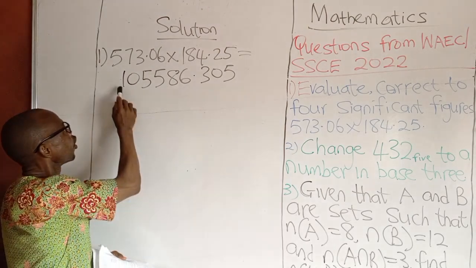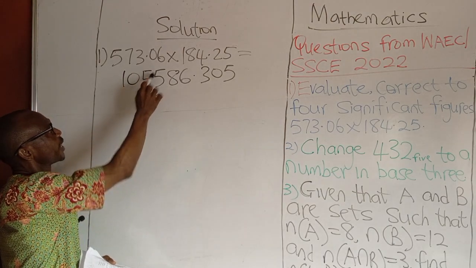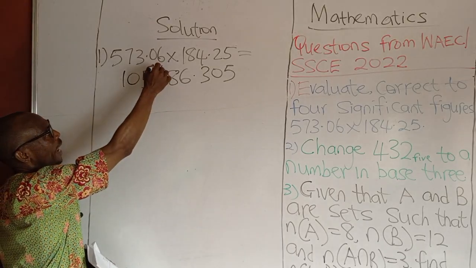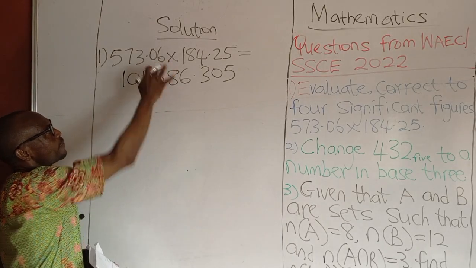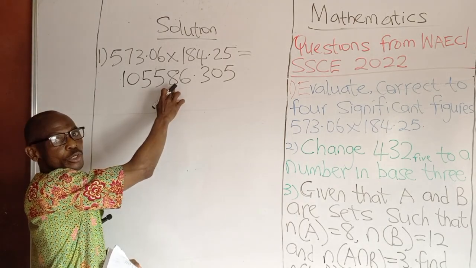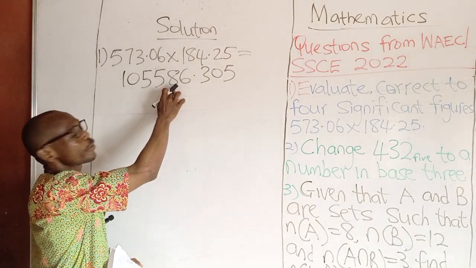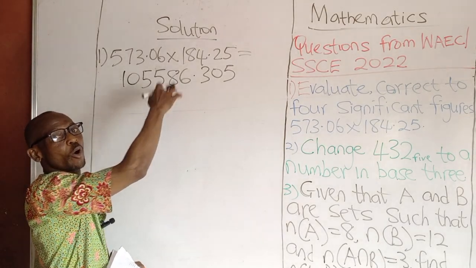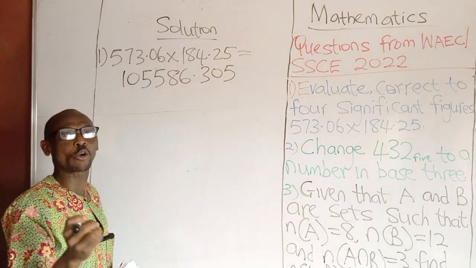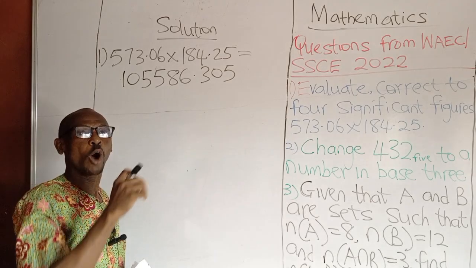So let's count 1, 2, 3, and 4. This is where our 4th significant figure ends, at the 5. So what do we do? We are going to look at the next value. If that value is up to 5 or above, we are going to round it up to what?